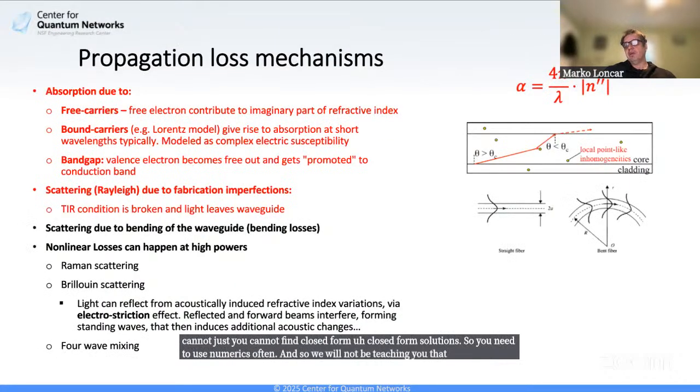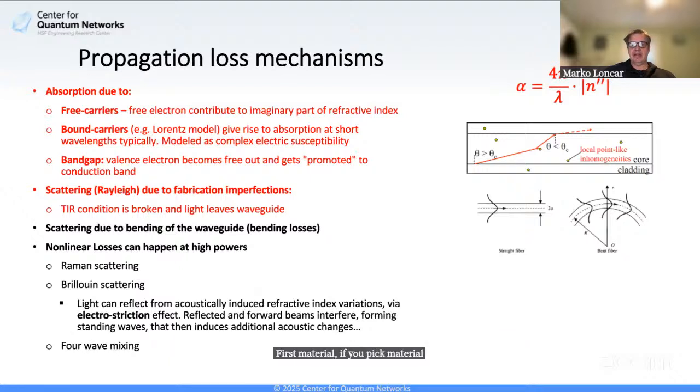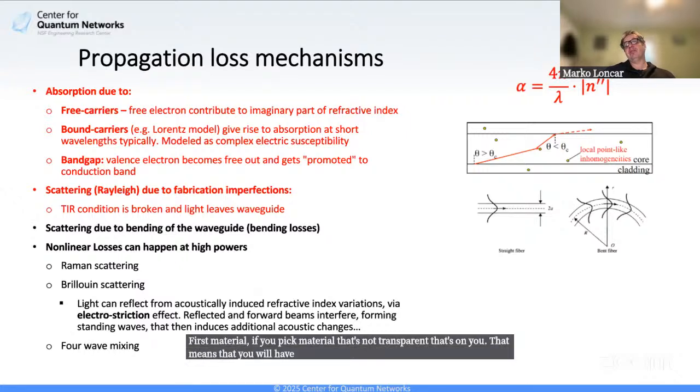An important consideration for waveguides is losses. Losses come in several shapes and forms. First, material. If you pick a material that's not transparent, that's on you, and you will have tons of loss. If you pick silicon and want to work in the visible, that's never going to work well.